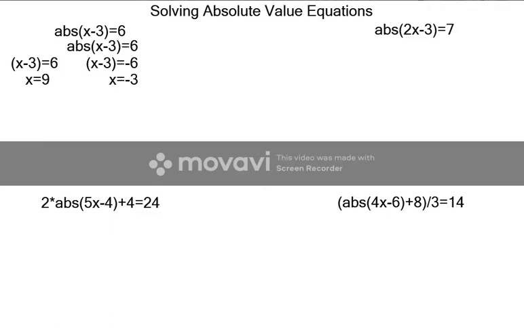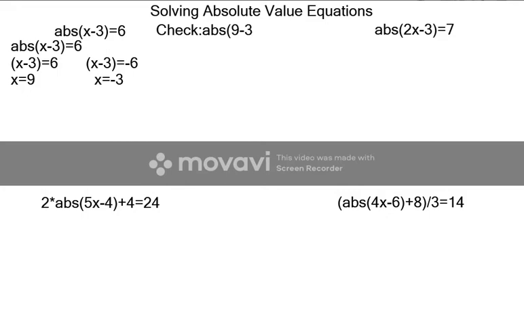So let's rewrite the equation: absolute value, and then instead of x, we pick one of the answers that we got. Let's pick 9. So absolute value of 9 minus 3 is equal to 6.